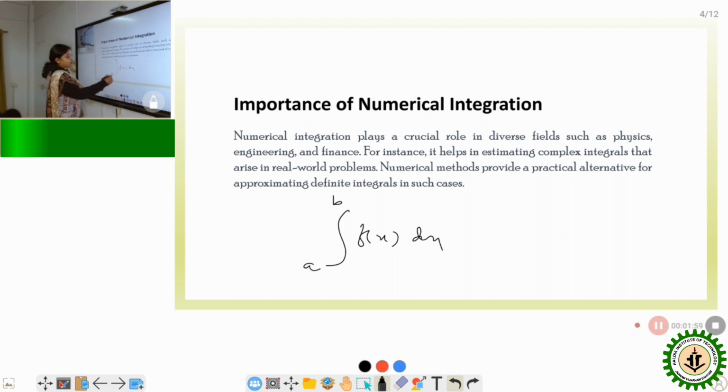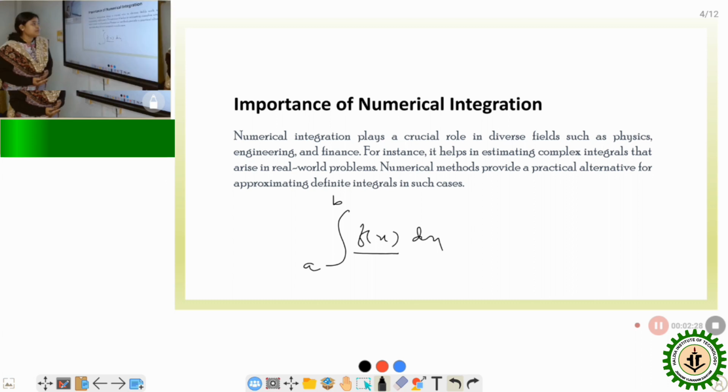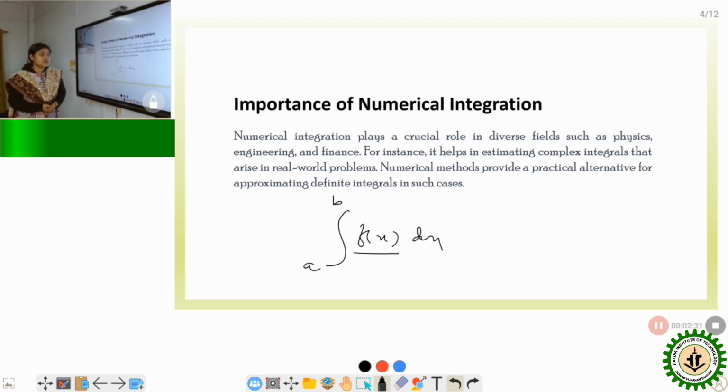By the fundamental theorem of calculus, to integrate this, the antiderivative of the function f(x) must exist and we have to find it. In the analytical method, sometimes it is very critical to find the antiderivative of f(x), and sometimes we may get it, but it is very tough to find.